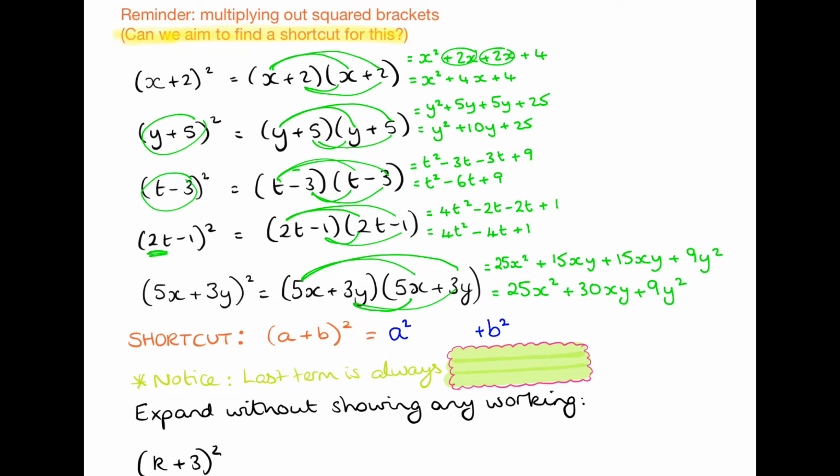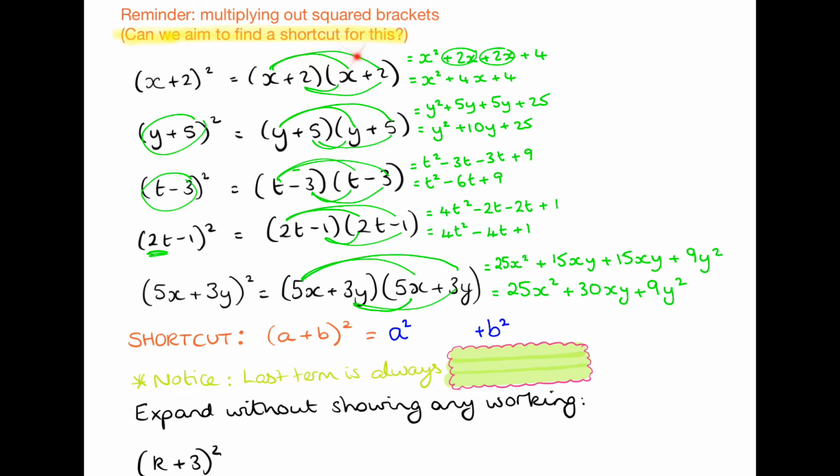Now let's have a look at this middle term. Each time we've got a middle term, it's come from two identical things that have been combined, hasn't it? And that thing comes from the outsides multiplied together and the insides multiplied together.